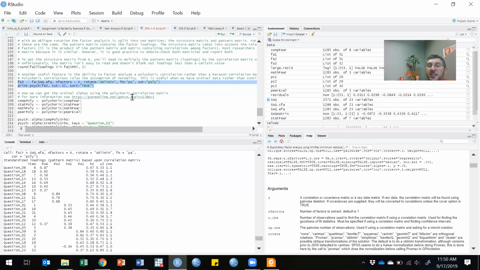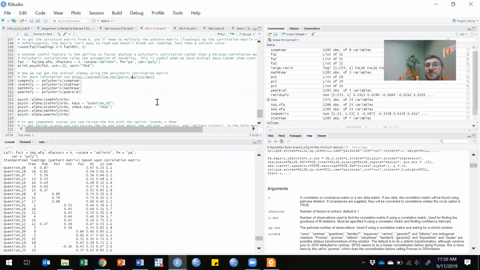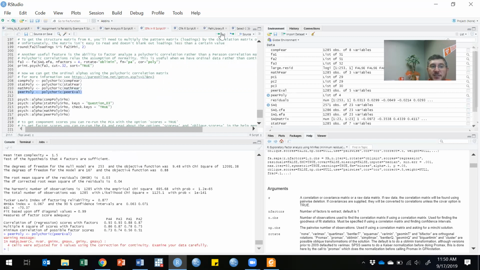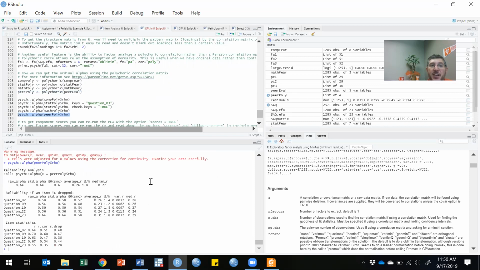You can also calculate what they call ordinal alphas using the polychoric correlation matrix. There's a good resource online here that I've linked to. To run it in the psych package, we basically just take the polychoric correlation of that matrix, and then just run the alpha, telling it to use that correlation matrix.